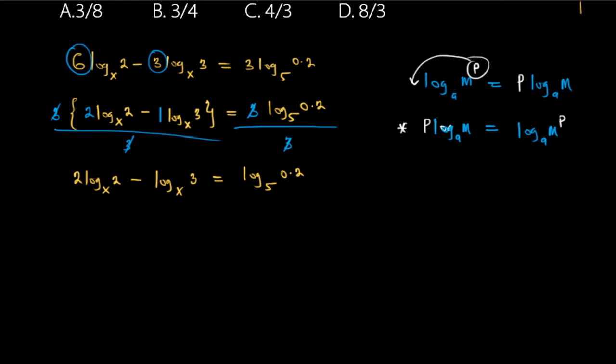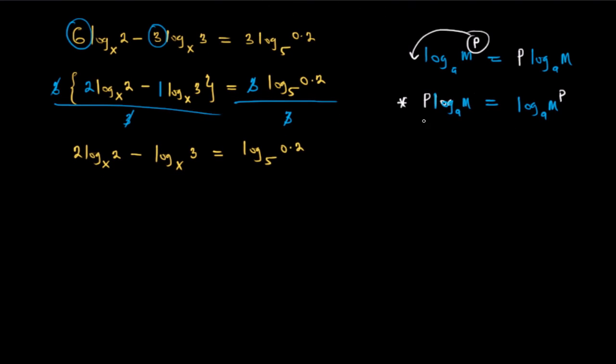Now what you have here is 2 the log to the base x of 2, which is similar to what you have here. So we can raise this to this power, so it becomes the power of m. I'm going to do the same thing here. This is 2 here, so it can become the power of 2, so this becomes the log to the base x of 2 to the power 2.